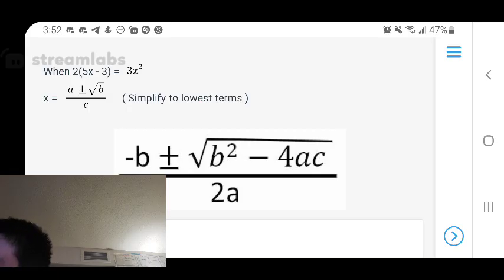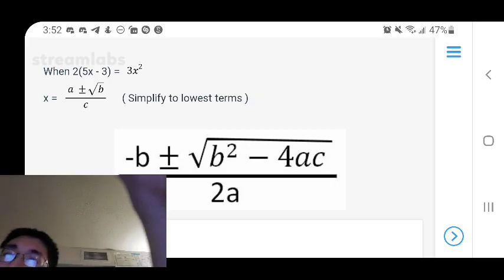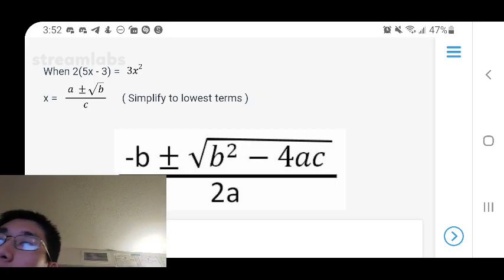So it's 10, that's a actually, plus or minus square root 28 over 6. Yeah, it's a nasty number. It'd be perfect if it was a nice number, but no. A is 10. B is 28. C is 6.